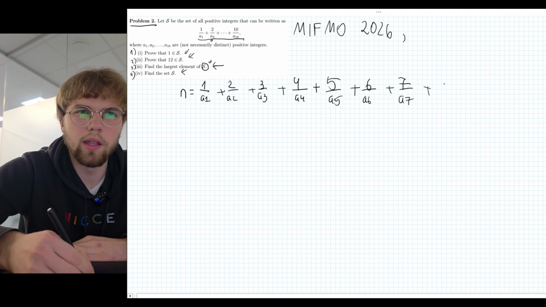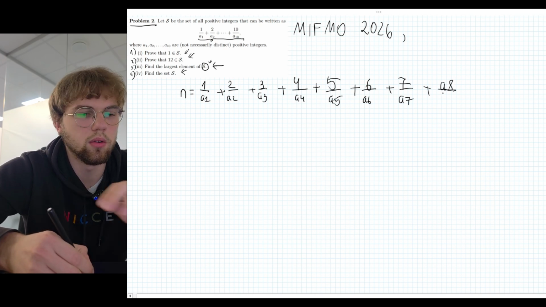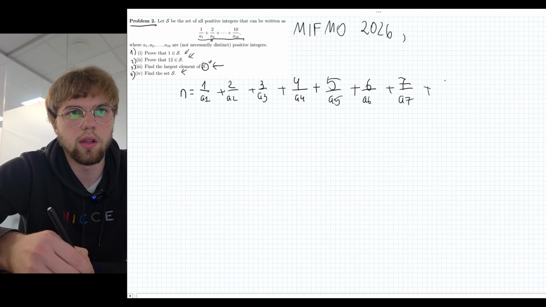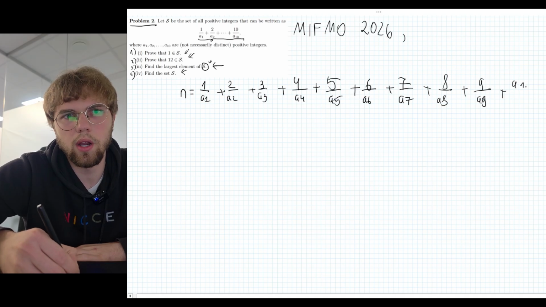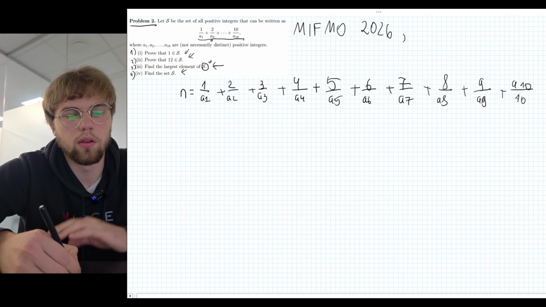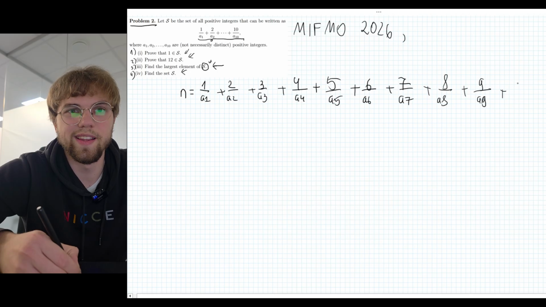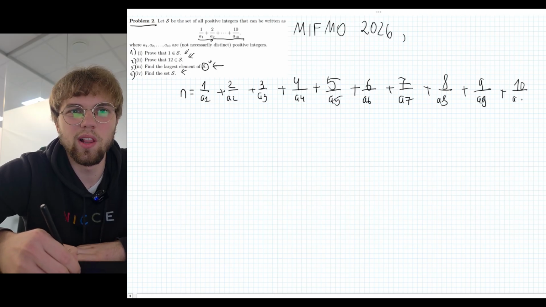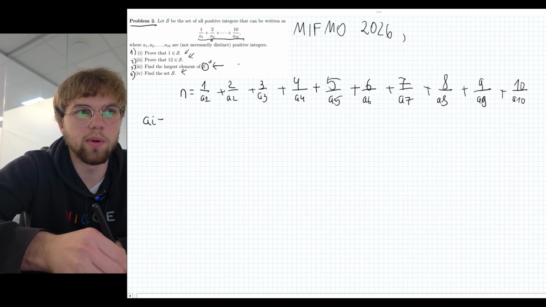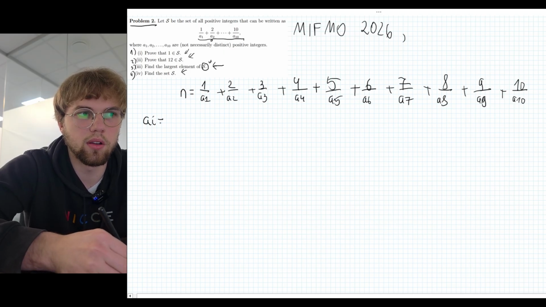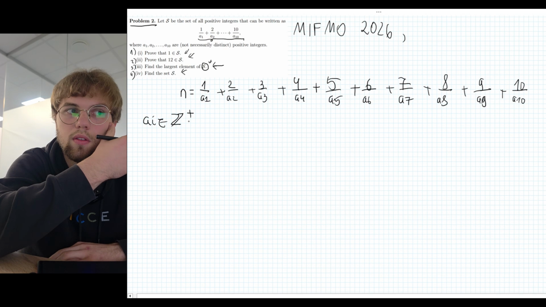And looking at it, what do you see? At least what I personally see: each A_i is a positive integer, right? It belongs to the positive integers. This is the notation for just integers, and this is the notation for positive integers.